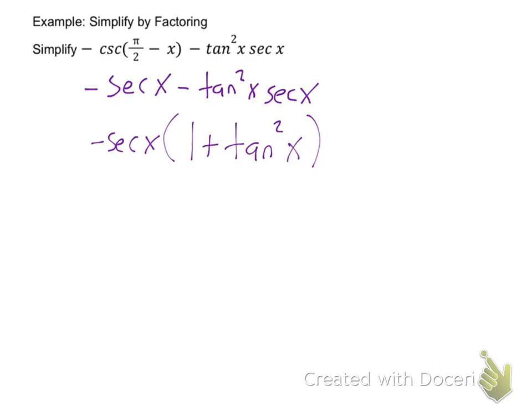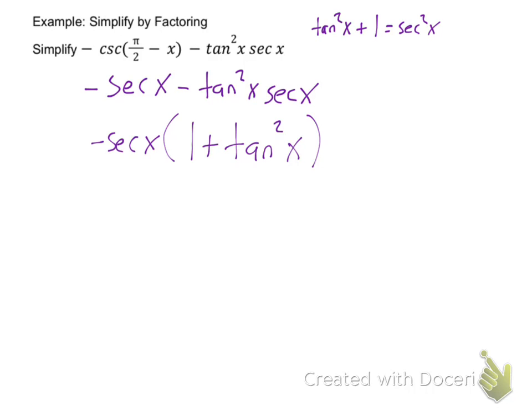So I factor, but I got this thing inside. Obviously secant x is secant. That's pretty easy. Or 1 over cosine. But could possibly this thing be changed out? Isn't that another one of those identities? Would be secant squared x. Why is it secant squared x? What's the identity? Isn't it tangent squared x plus 1 equals secant squared x?